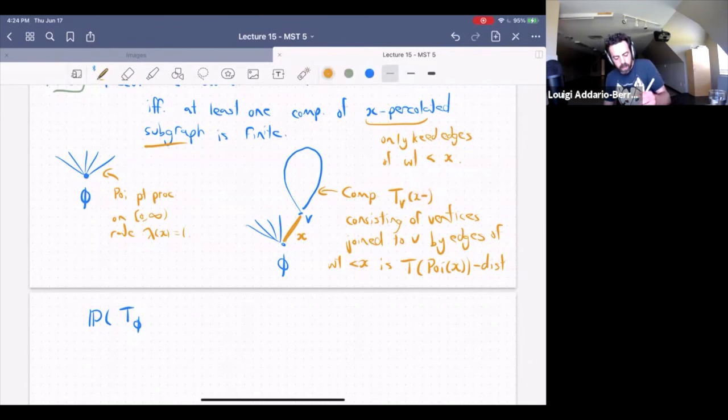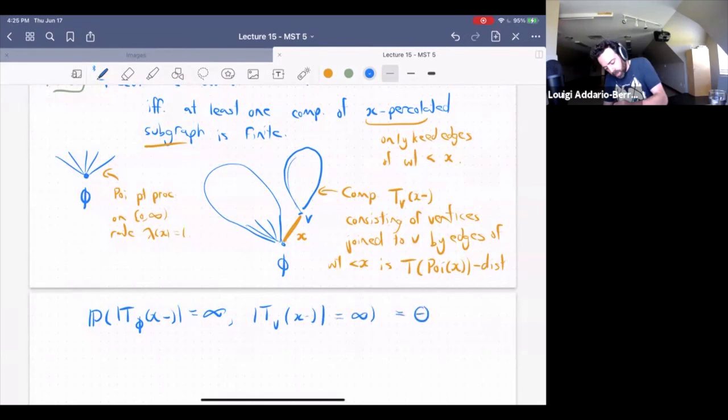Okay, so consider the probability that, in this x percolated graph, the component containing the root has both of these infinite, that this component over here is infinite and this component over here is also infinite. Those are independent Poisson x distributed Galton-Watson processes.